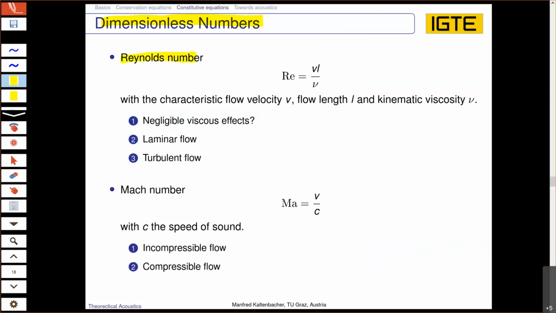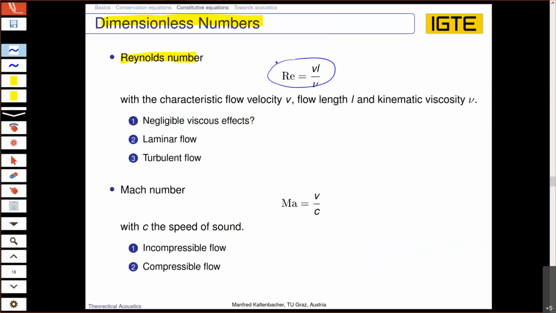And the Reynolds number is one of the most important dimensionless numbers in fluid dynamics, because it is a ratio of the inertial force to the viscous force. That gives you a Reynolds number which is velocity times a length scale.